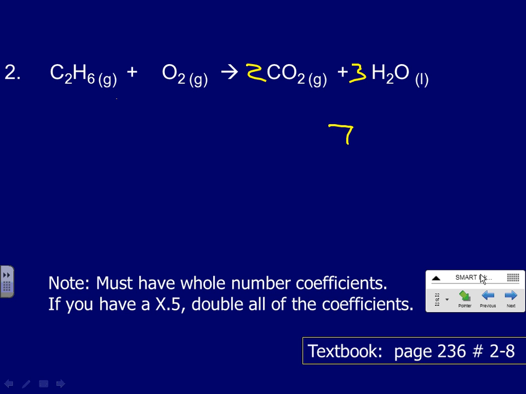In the actual balancing rules, you cannot have decimals. But we can put a decimal and then we can fix it. If you were allowed to use halves, how many O2s would get you 7 atoms?